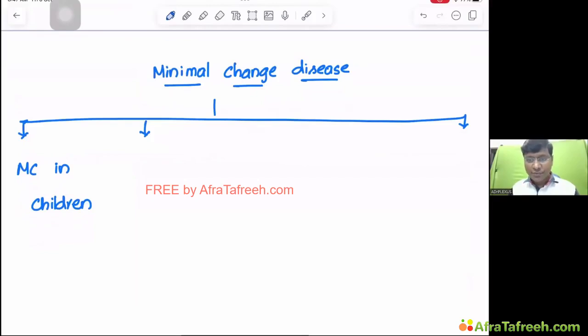And what is that selective proteinuria? That is albuminuria.